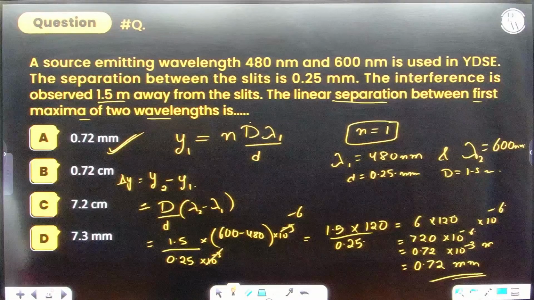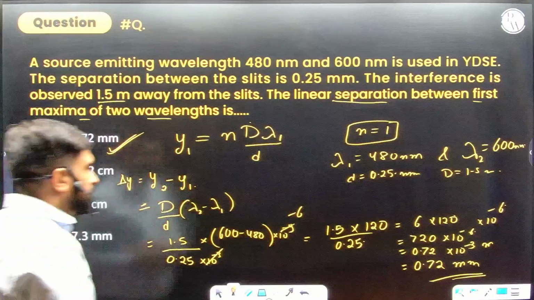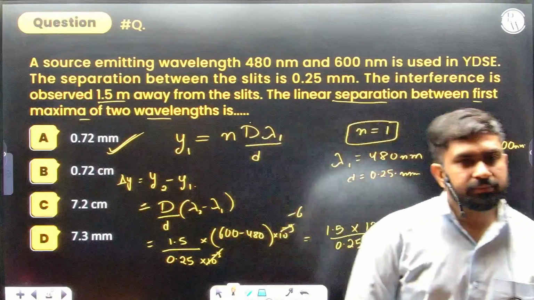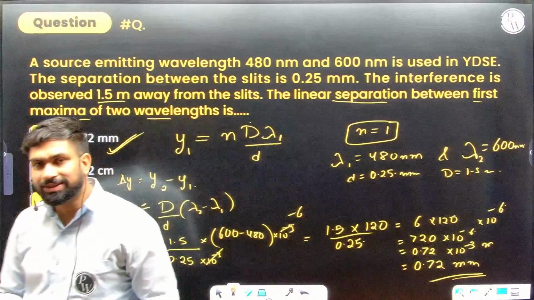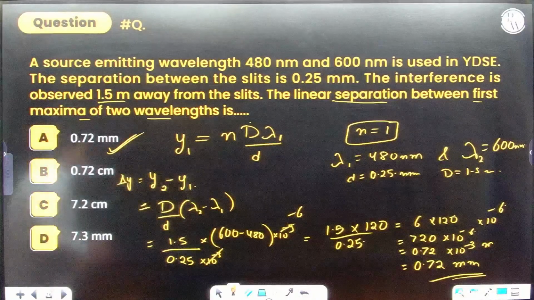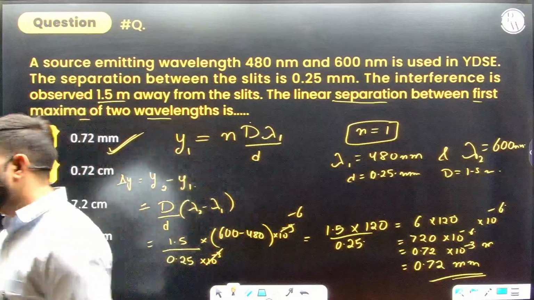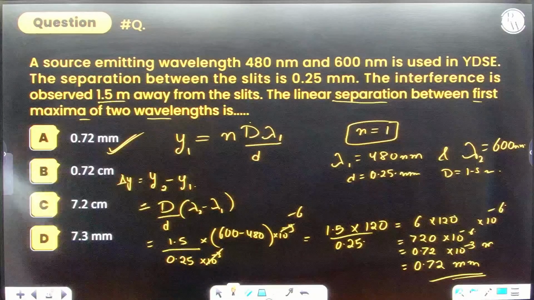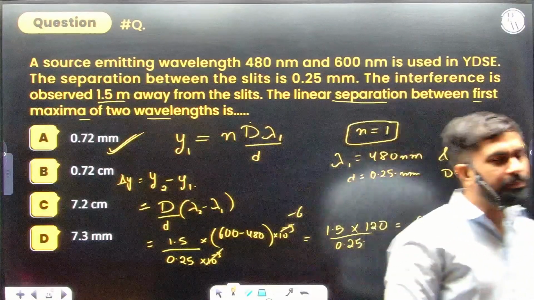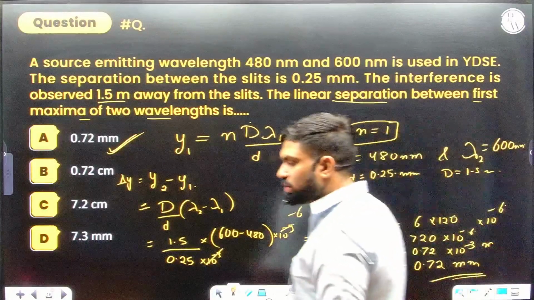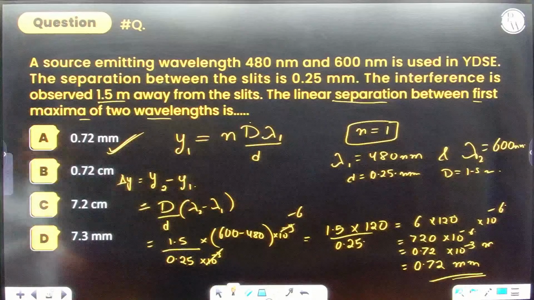Alright. Now, this was about your wave optics. In this portion, the major proportion is always focused on your YDSE and optical instruments. Sometimes they ask problems regarding diffraction and polarization. So you need to keep revising the formulas of those topics. In diffraction, we don't have many formulas.